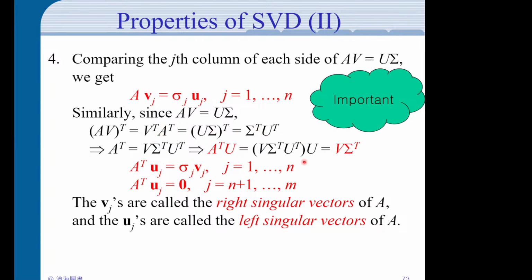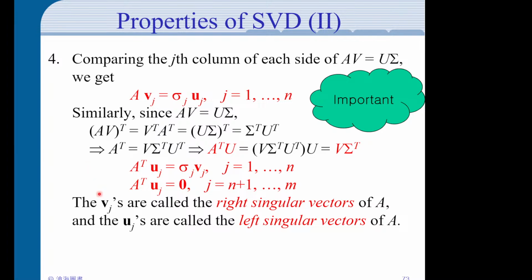So A^T is V Sigma^T U^T, and you move V to this side and U to that side, so you get A^T U equals V Sigma^T. You find that A^T will transform the left singular vector U back to the right singular vector V. It's quite interesting.